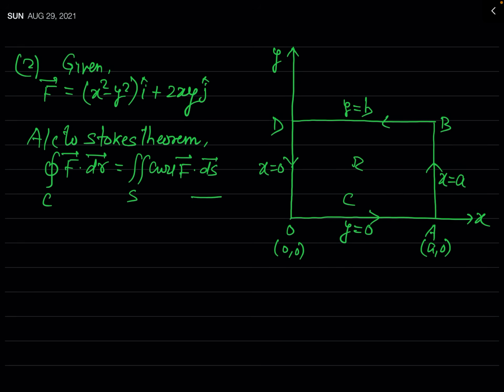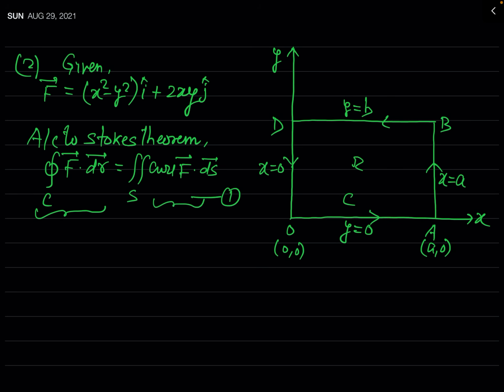We have to show this, and for this we will evaluate this tangential line integral defined in the LHS of this equation 1 independently by the concept of evaluation of tangential line integral, and after that we will find the RHS of this equation.